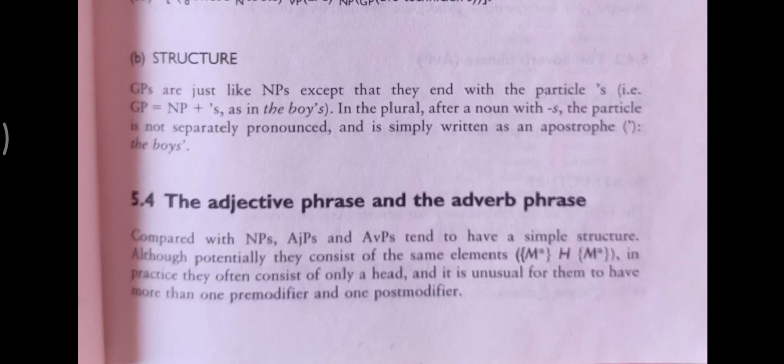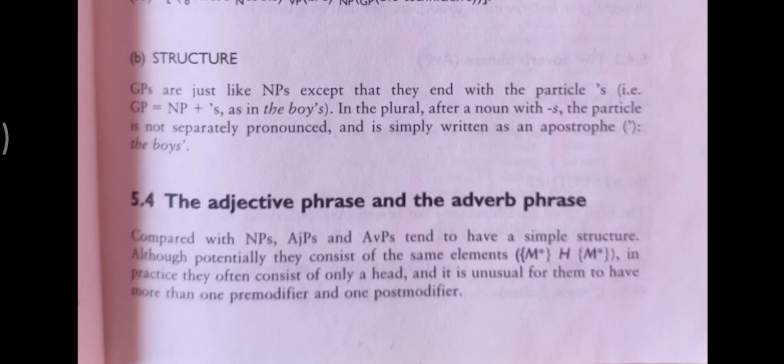Okay. The next phrases that we are going to discuss are the adjective phrase and the adverb phrase. As we can compare with the noun phrase, the adjective phrase and adverb phrase have a simple structure. These phrases consist of the same elements, that is modifier and head.